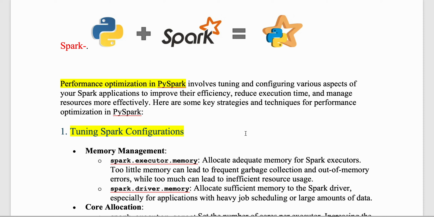Either too little memory, like if you are running your job and your memory is too little, then every time it will do frequent garbage collection and hit out-of-memory issues.